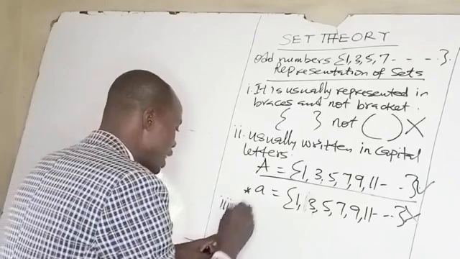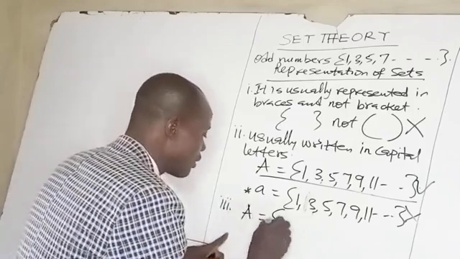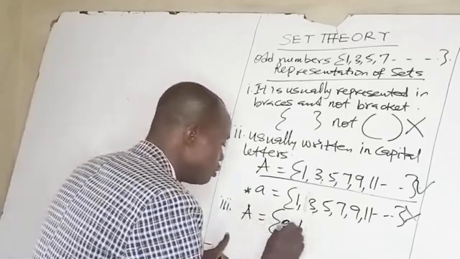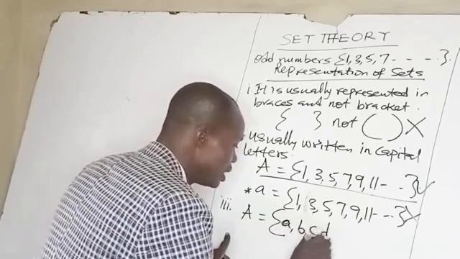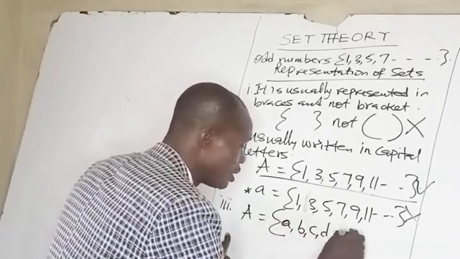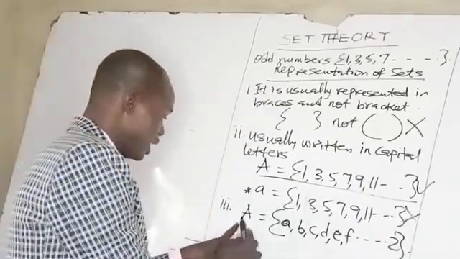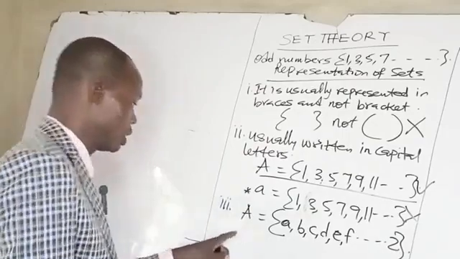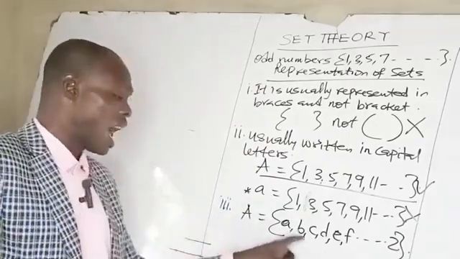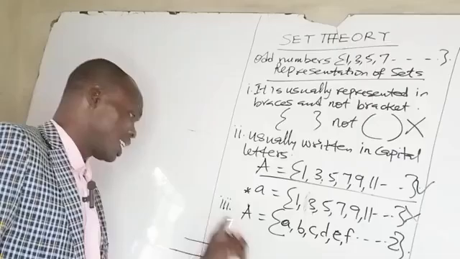So if set A equals the set of English alphabet, A, B, C, D, E, F to Z, that is set A. These are the elements of set A.